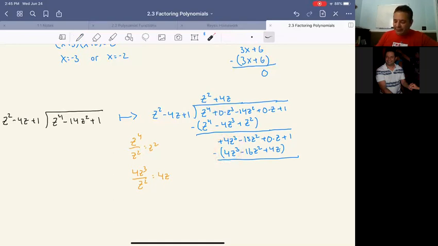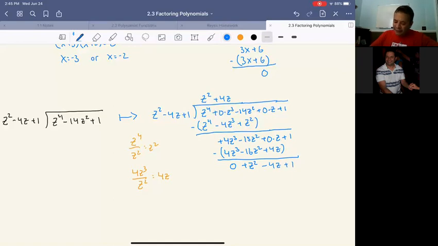Otherwise, you're not really doing it. If that leading term doesn't become 0, then something is wrong. Now let's be careful. Negative 15, this is going to be plus 16, so it's going to be a positive z squared, minus 4z plus 1.